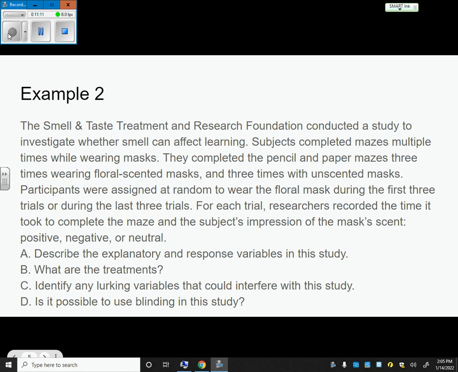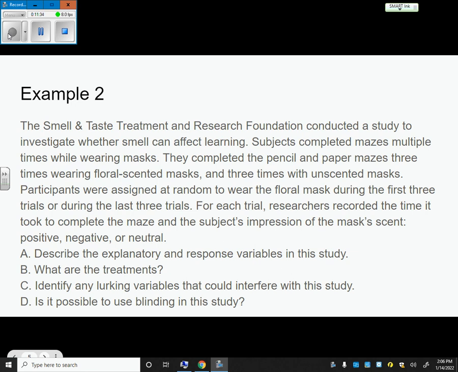So that's what they're wearing. So it's the same person. It's just a different treatment group. So like the men that were taking aspirin and not taking the aspirin. Again, it's how you're dividing the explanatory variable for treatments. So I'll look at my explanatory variable, the type of masks. So my treatment groups are going to be the different types of masks, listing them out. I got the floral scented and then the unscented.